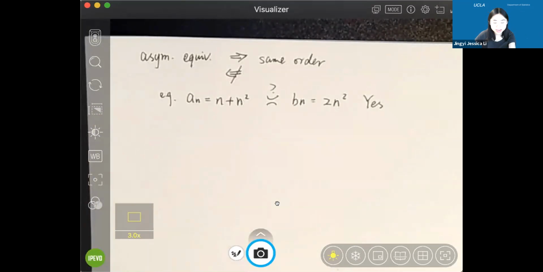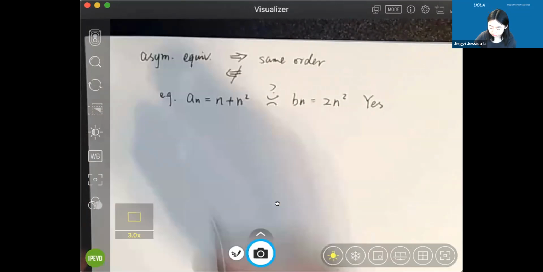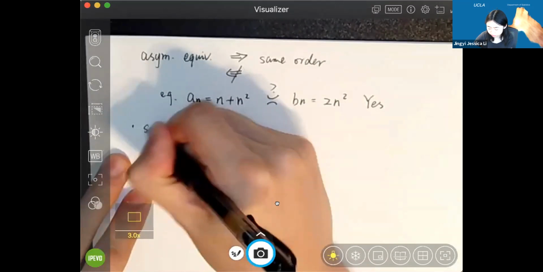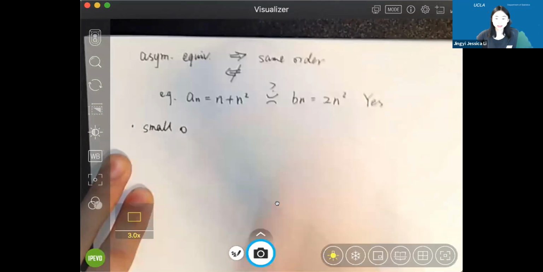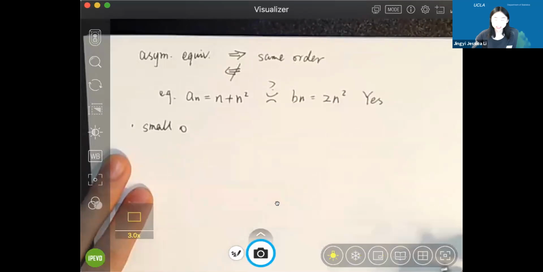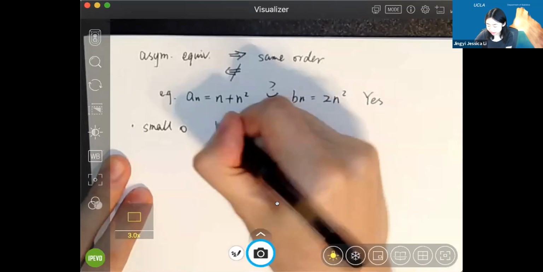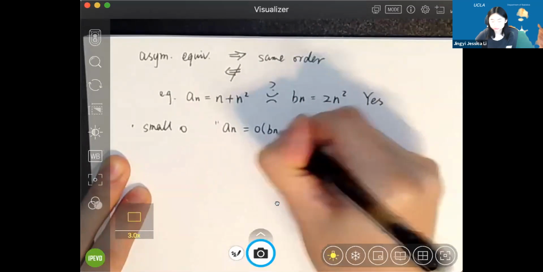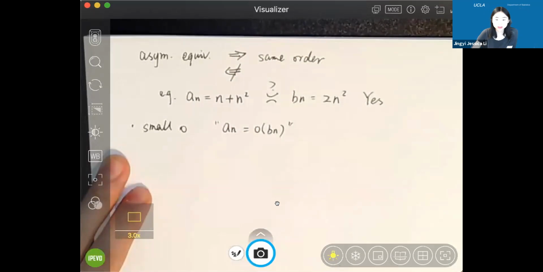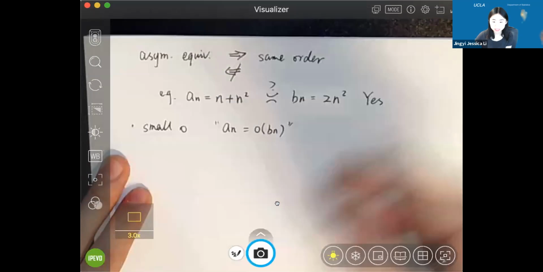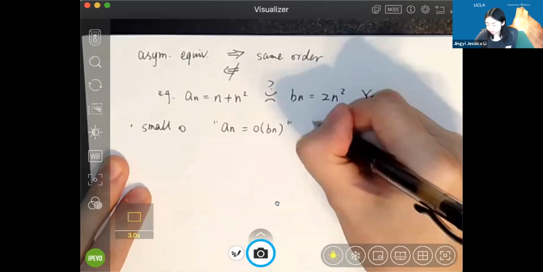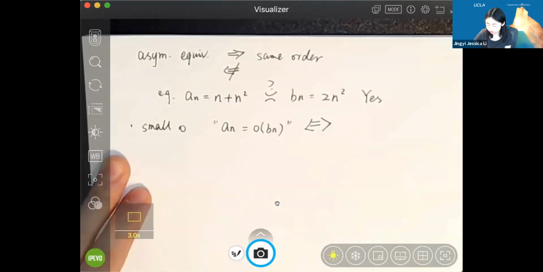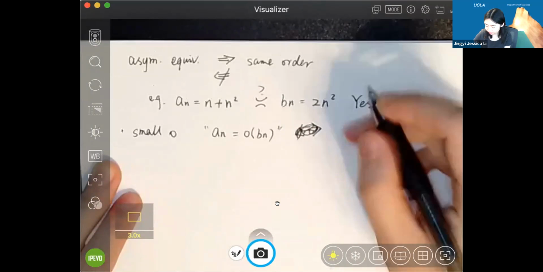Okay, and the second relationship is what we call small o. We write it as AN is small o of BN. So when we write this, what do we actually mean? The definition is about a limit.